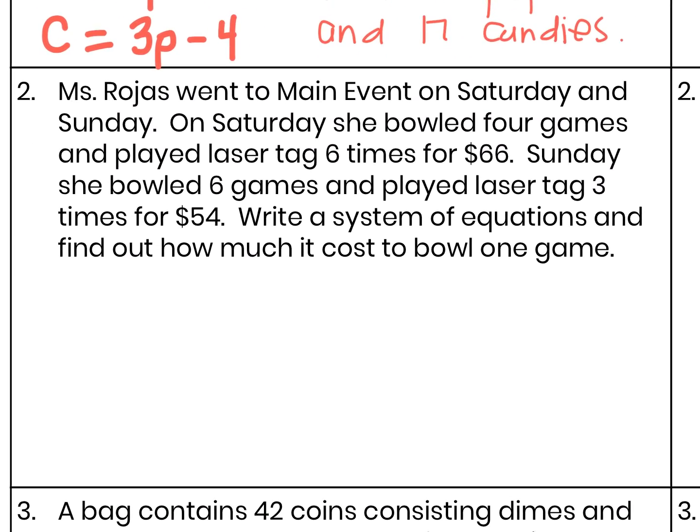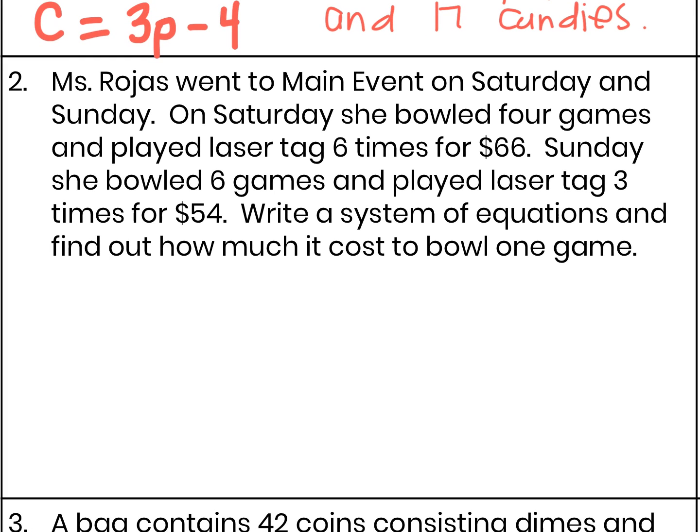Miss Rojas went to main event on Saturday and Sunday. On Saturday, she bowled 4 games and played laser tag 6 times for $66. Sunday, she bowled 6 games and played laser tag 3 times for $54. Write a system of equations and find out how much it costs to bowl 1 game.